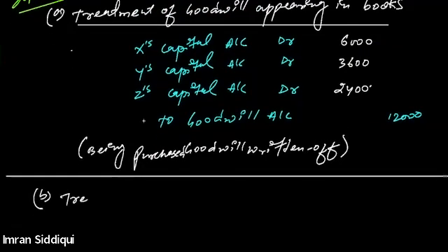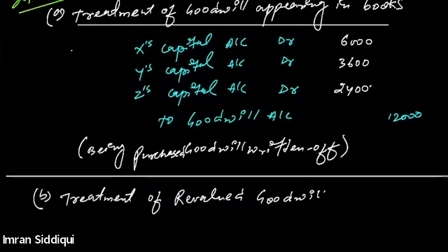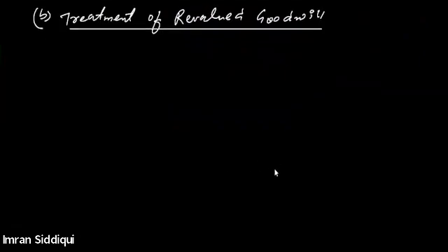Then we need to do the treatment of self-valued goodwill, or you can also call it revalued goodwill. Treatment of revalued goodwill will be done differently. For that, we need to first of all determine the gaining and sacrificing shares of the partners, right?